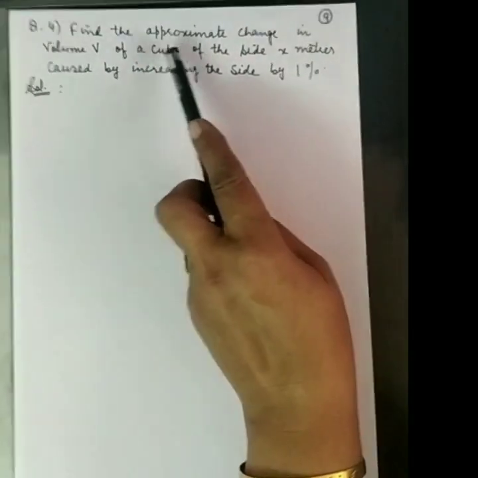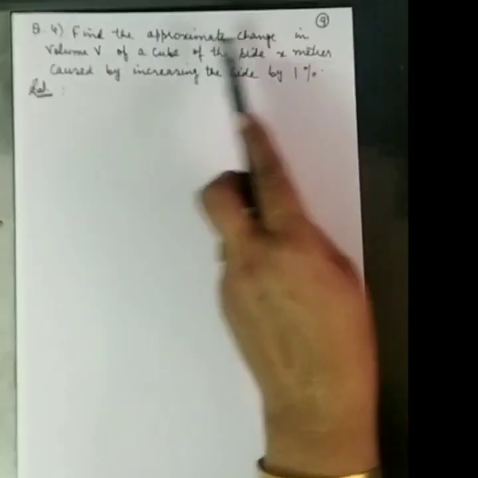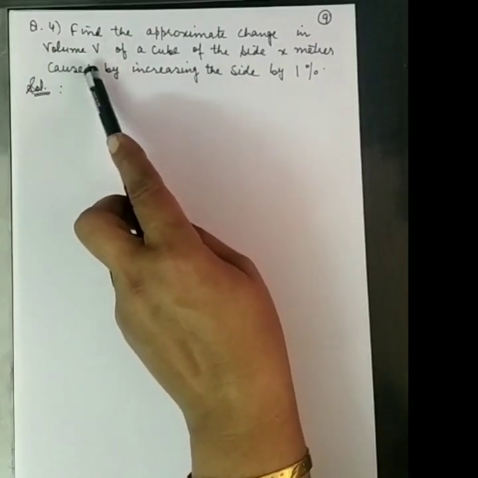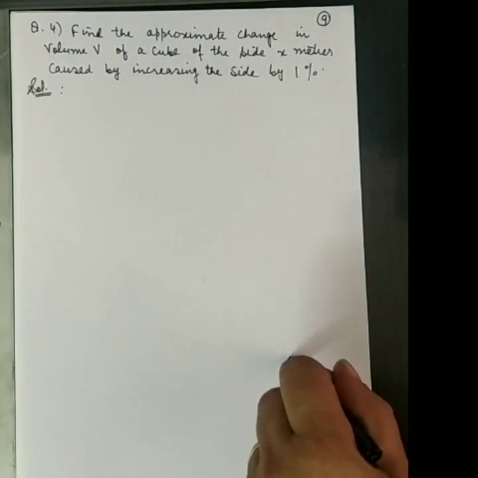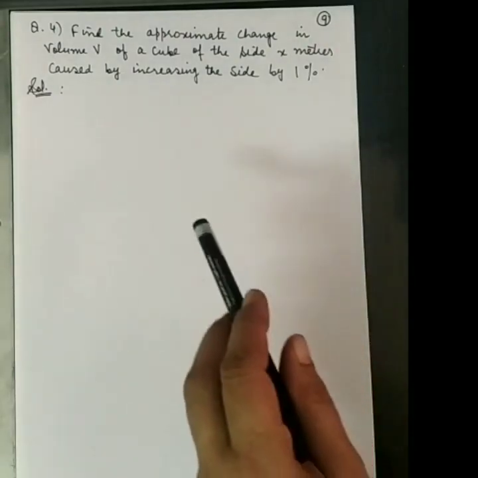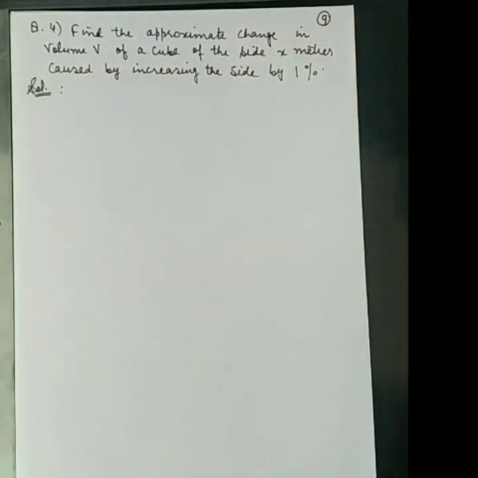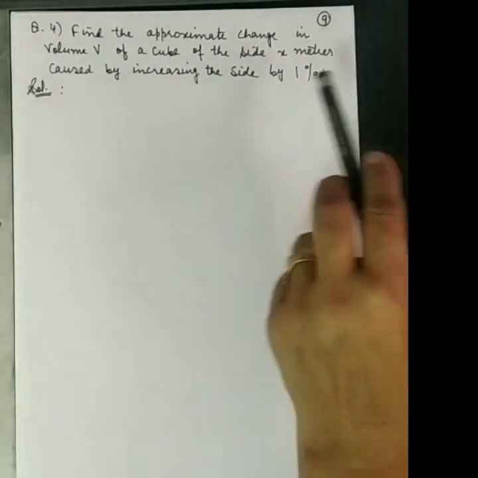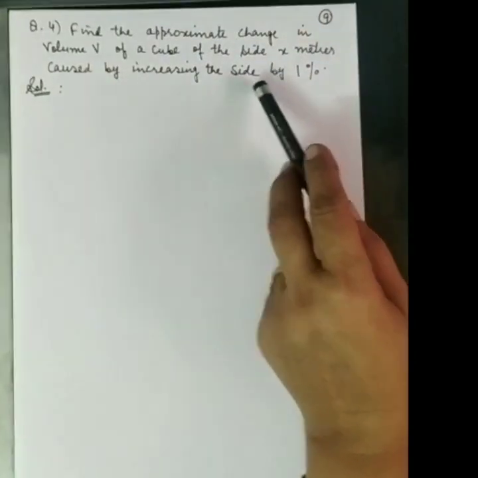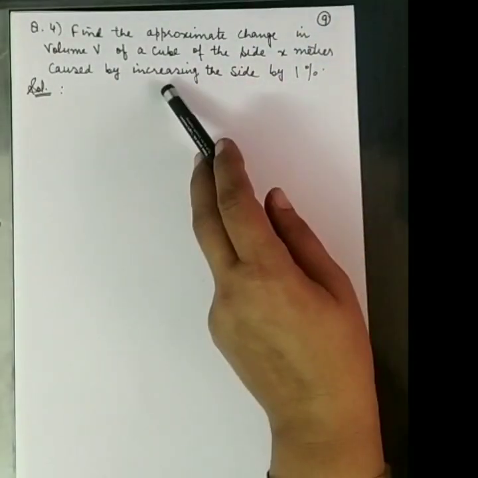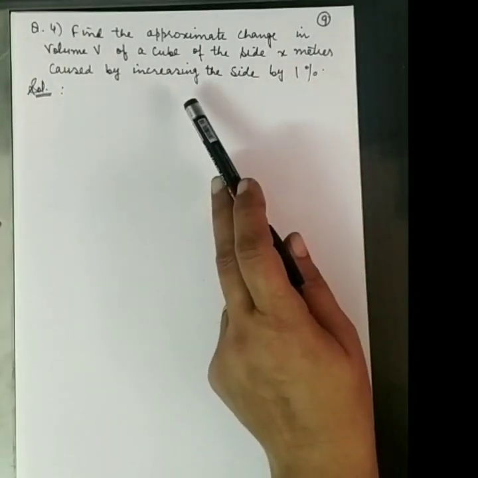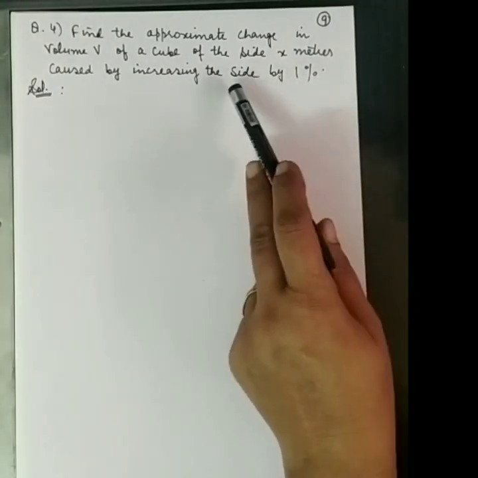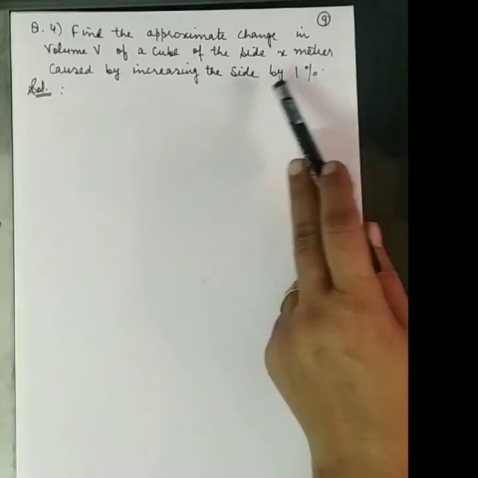You have to find the approximate change in volume V. That means V is the volume of cube and approximate change in volume. So think, what is the change in volume? That will be dV. And increasing the side by 1%. That means change in side is given. Change in side means delta x. Delta x is 1%.